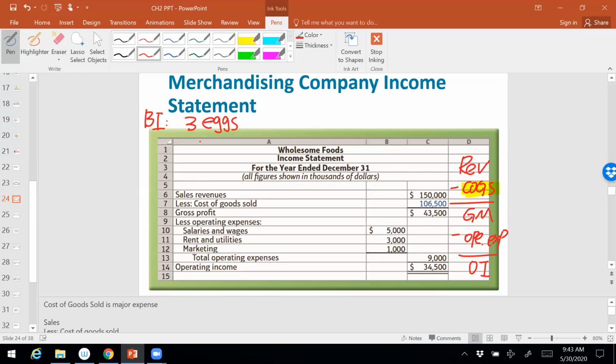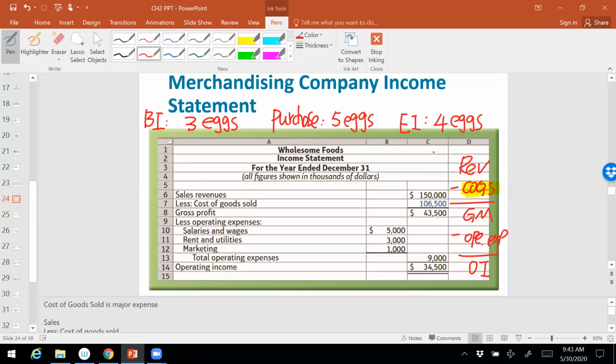So I said, that's not enough, right? And then I purchased 5 eggs from the farm. And at the end of the day, I opened my refrigerator and found out that there are only 4 eggs sitting in my refrigerator as the ending inventory.